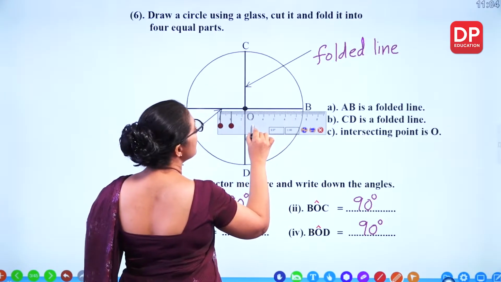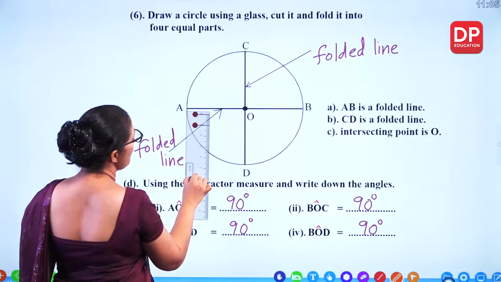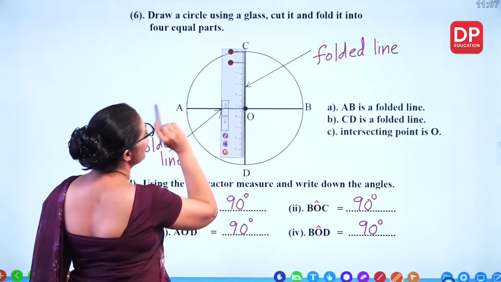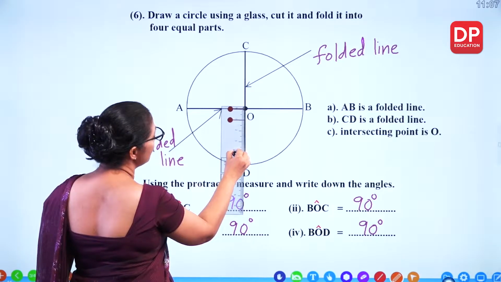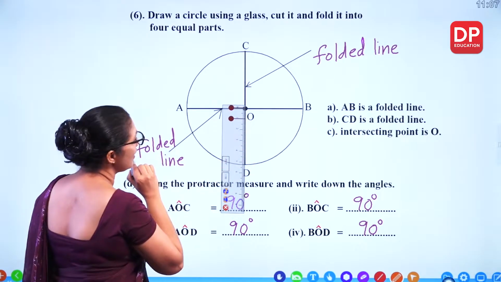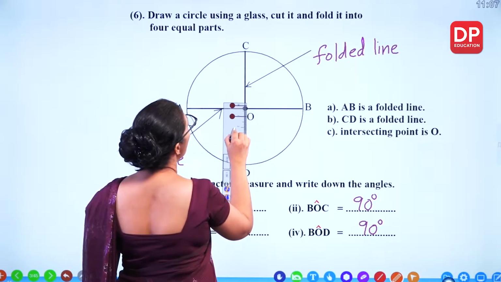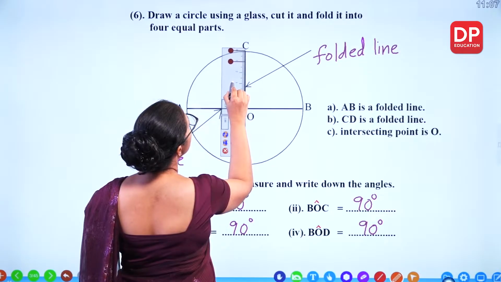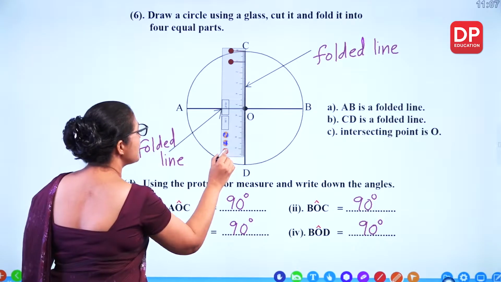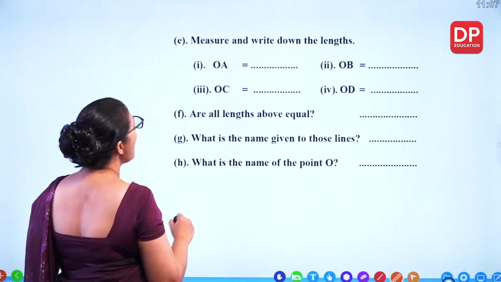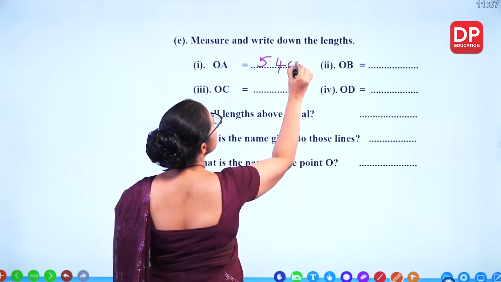And we'll measure this one. Now we'll measure OD. Here you get the same length, 5.4. OC, 5.4. So we see all the lengths are 5.4 centimeters.